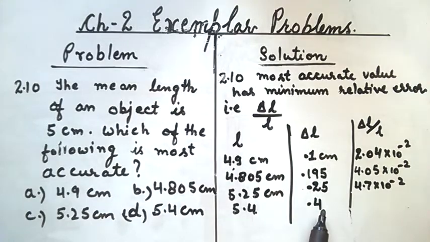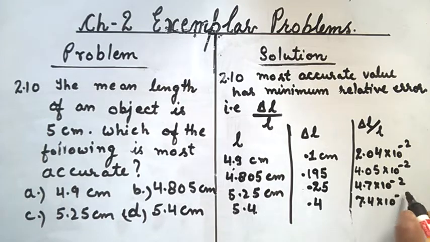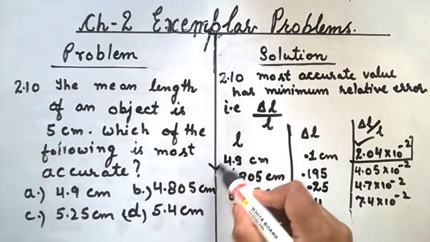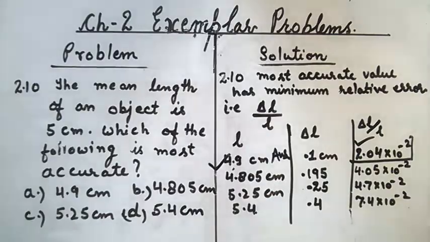And 0.4 upon 5.4 is 7.4 into 10 raised to the power minus 2. So here we can see that the first is the minimum one, so it is most accurate. So 4.9 centimeter is the answer.